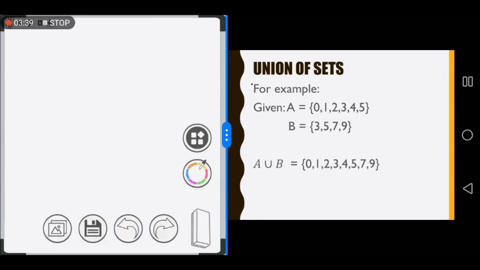Since 3 and 5 are already included in set A, we're just going to add 7 and 9. Therefore, A union B is equal to 0, 1, 2, 3, 4, 5, 7, and 9. So, wala siyang 6 dahil wala namang 6 dun sa nauna nating dalawang sets. Next.